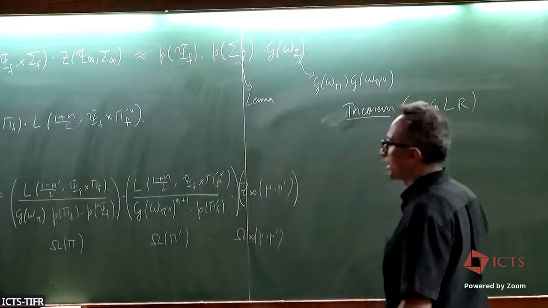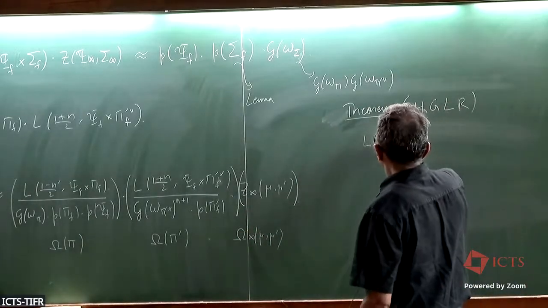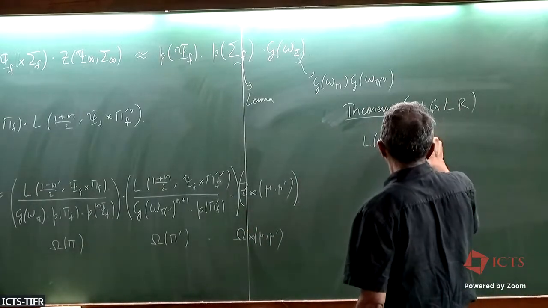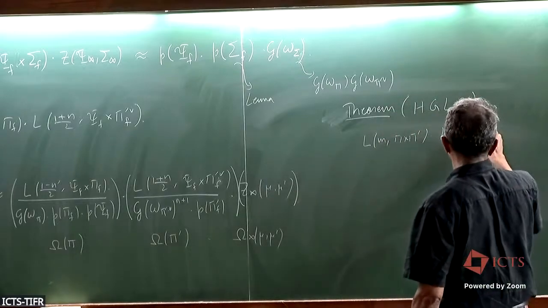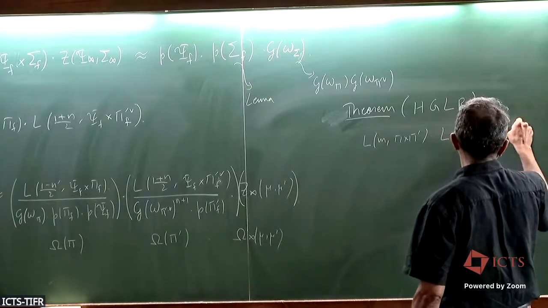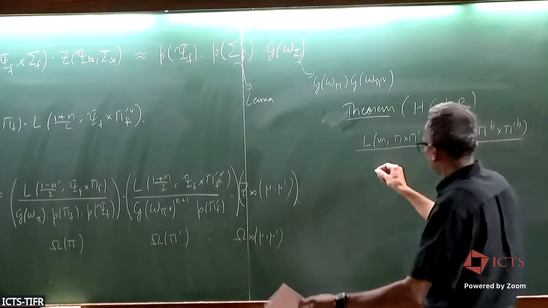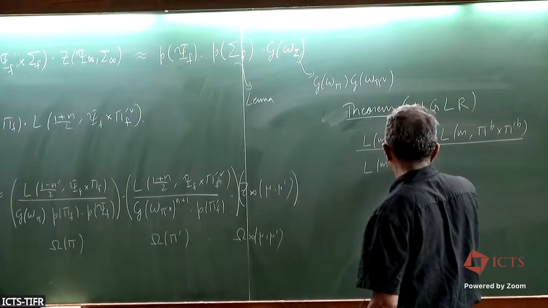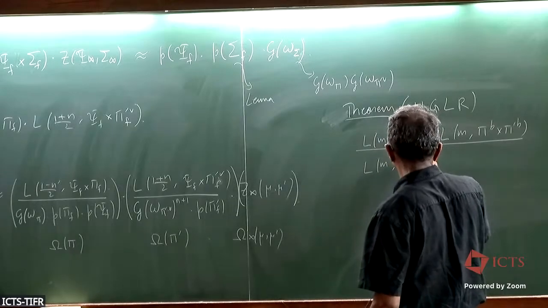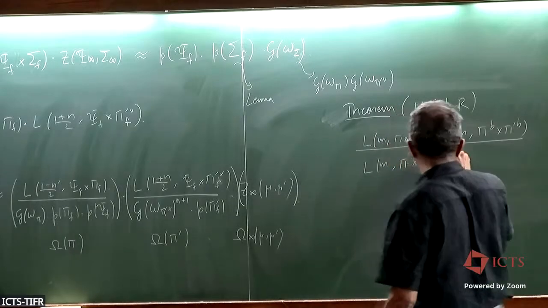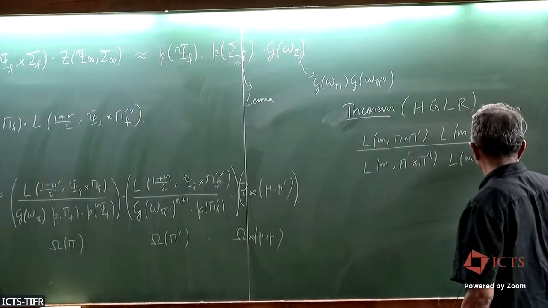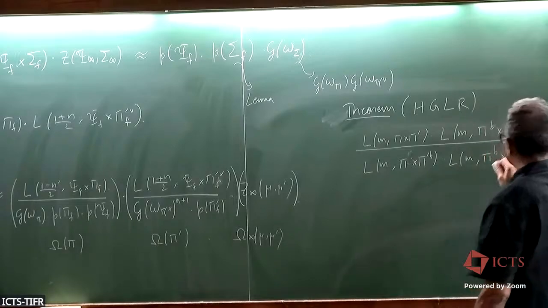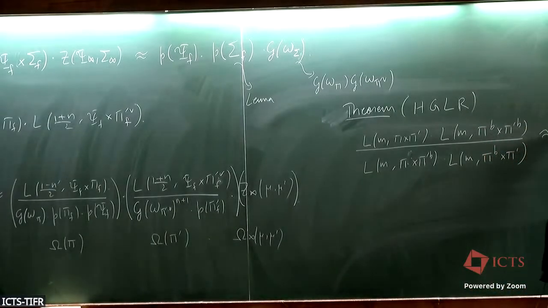That's a certain regularity assumption on the weights. I apply this theorem for all the 4 L values, assuming what's in the denominator is non-zero. This is rational.